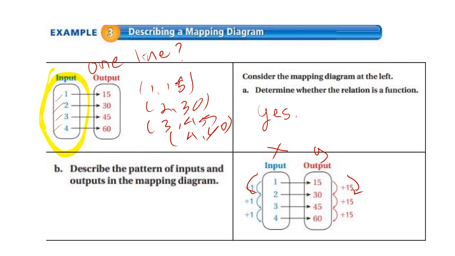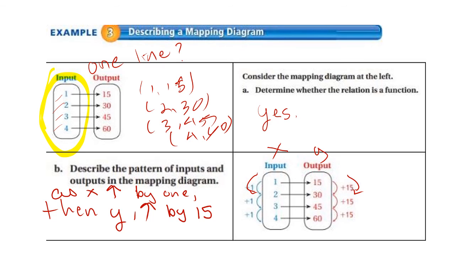So let's just describe that. As x increases by 1, then y, or the output, increases by 15. And that's really all you need to do for that.